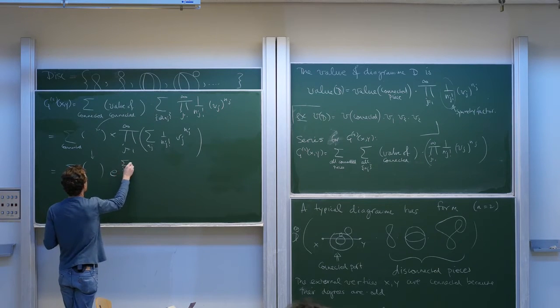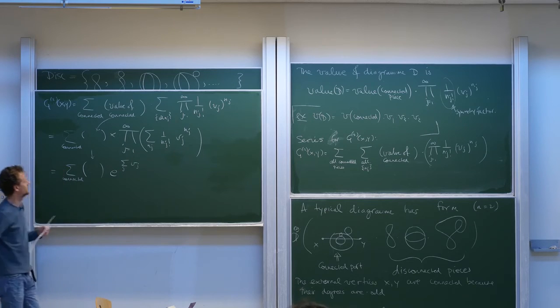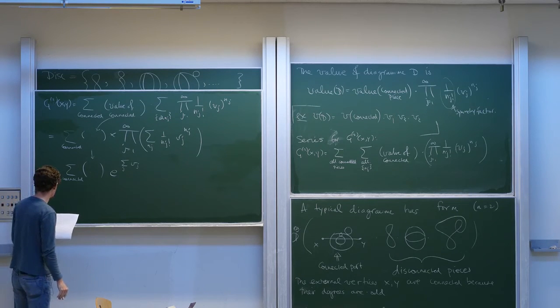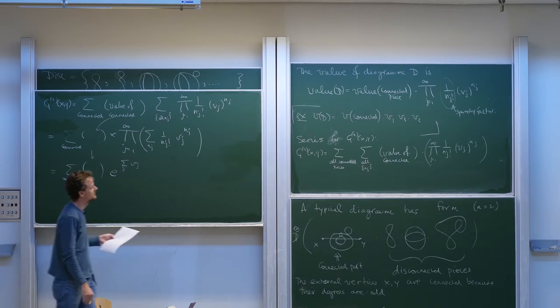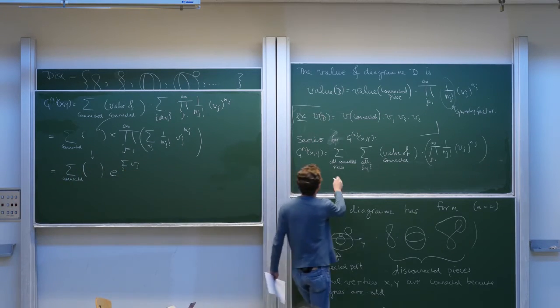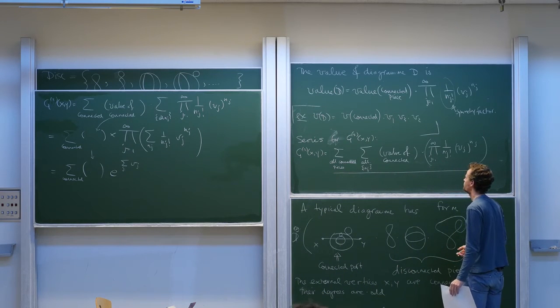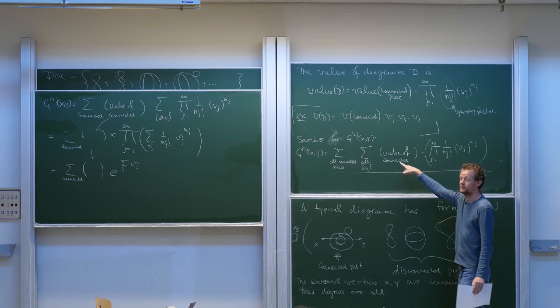And not just any exponential, it's exactly the Taylor series for the sum of the values of all the disconnected pieces, one after the other. This is the numerator of G2.